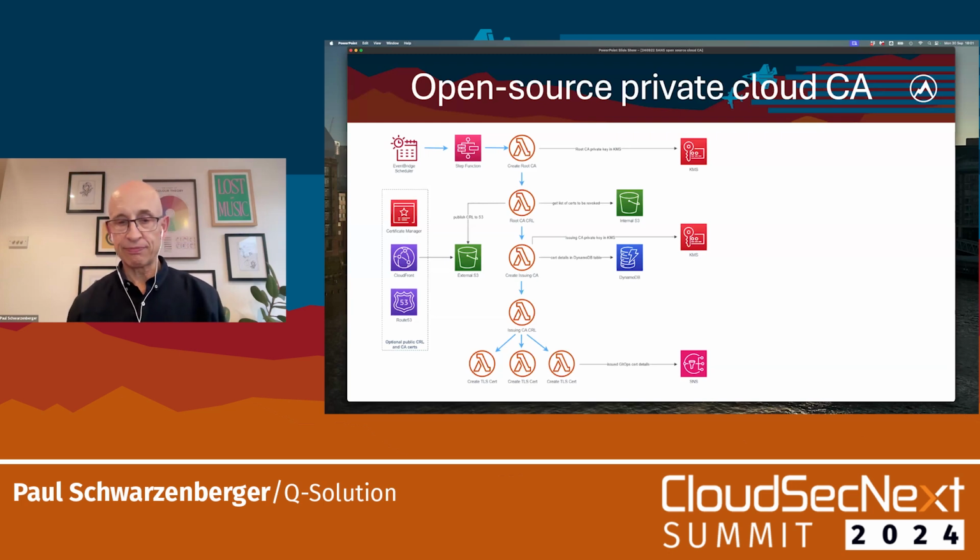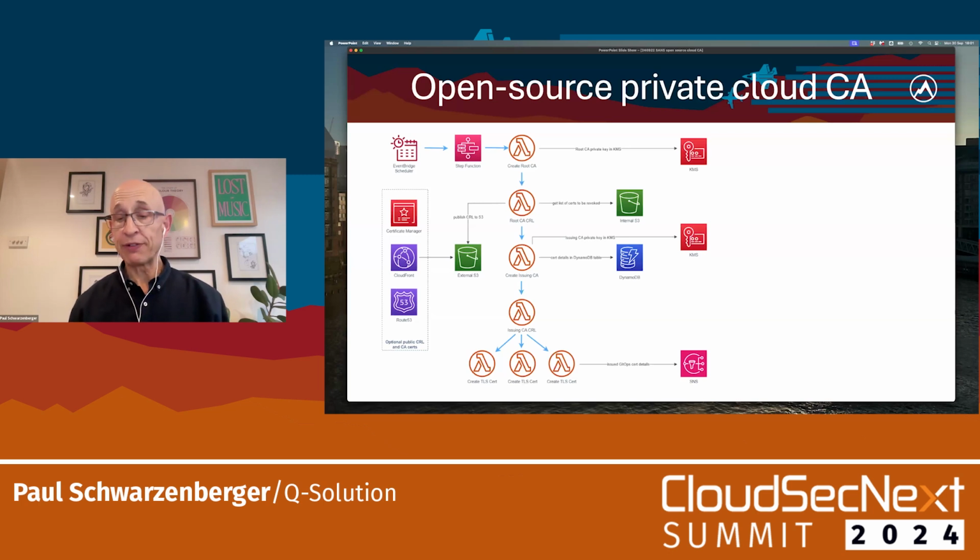We orchestrate this collection of Lambda functions using a step function, and we run those at a minimum of once per day via EventBridge. We publish a certificate revocation list to S3, and optionally make that publicly available through CloudFront.